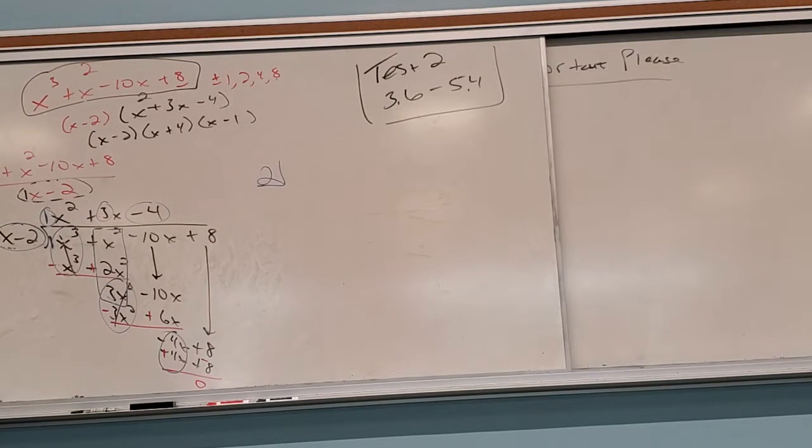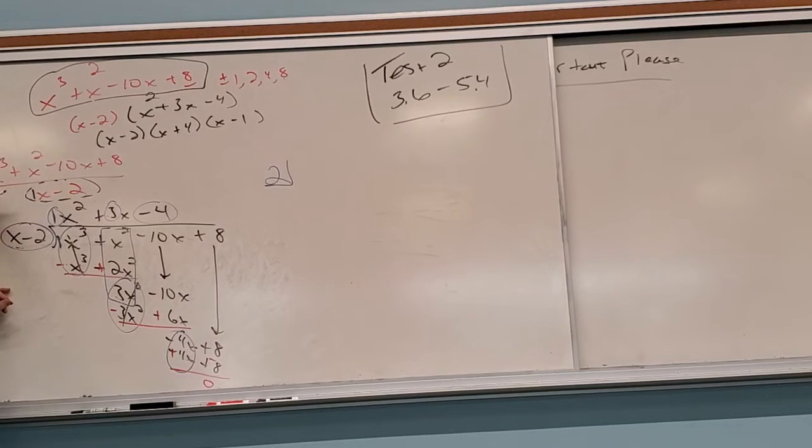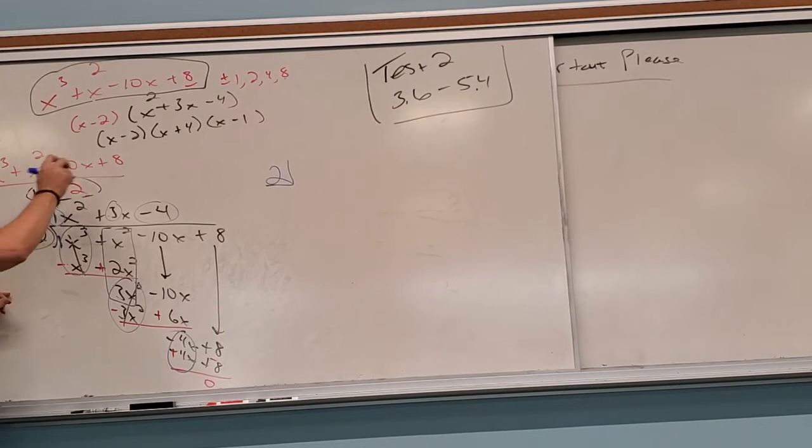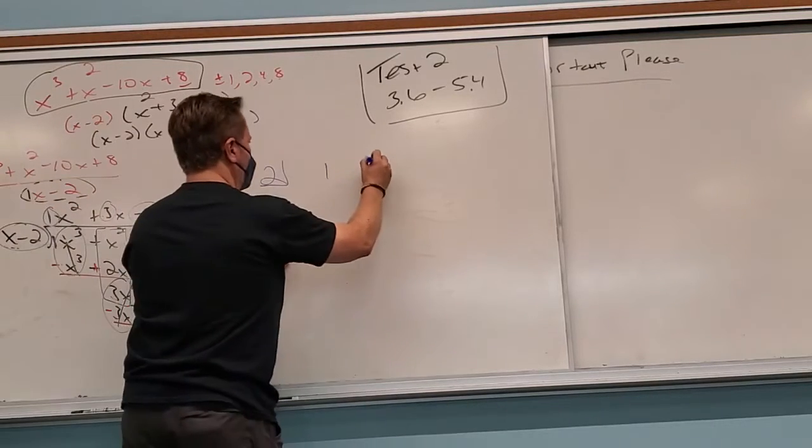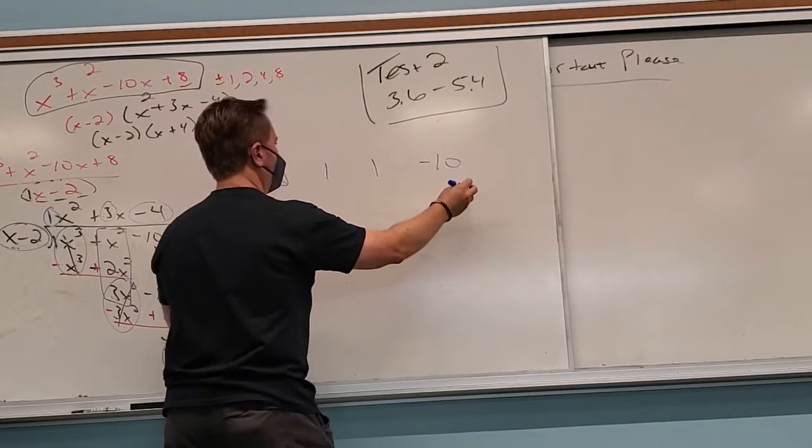I'm changing the sign one time, right at the beginning, instead of every time. And I'm still not going to write any of my variables. I'm going to write all the coefficients of my problem in order. So what are my coefficients? 1, 1, 10, -10, 8.